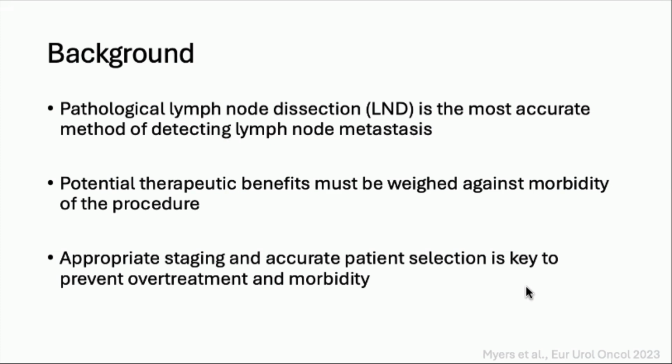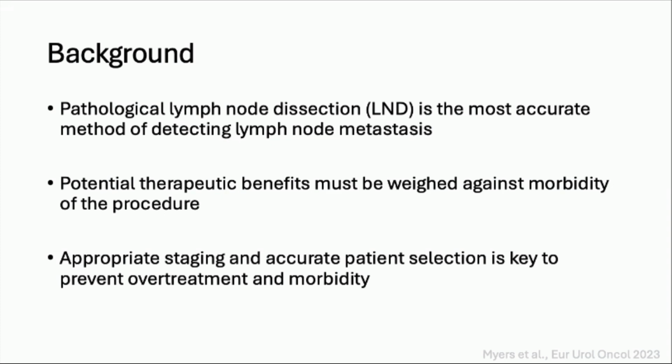Pathological lymph node dissection is the most accurate method of detecting lymph node metastasis. The potential therapeutic benefits of accurate pathological staging, as well as of lymph node dissection itself, must be weighed against the morbidity of the procedure, as we all know, such as damage to surrounding vessels, nerves, and structures, infection risk, venous thromboembolic events, as well as lymphoceles.